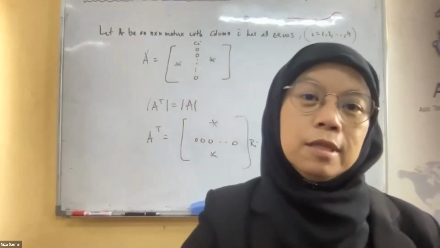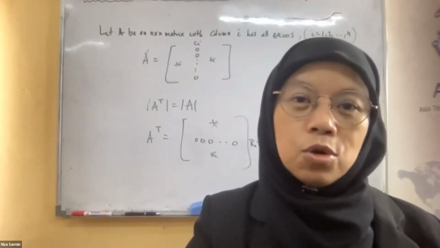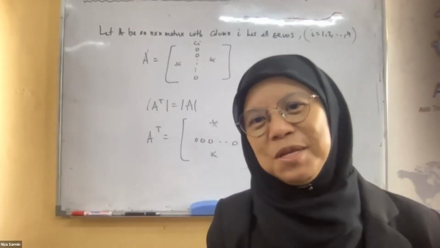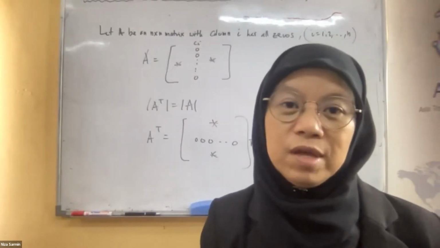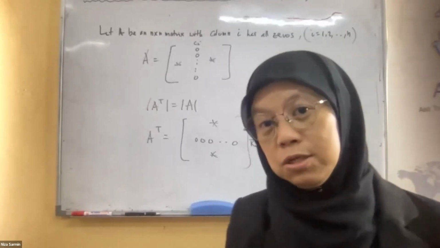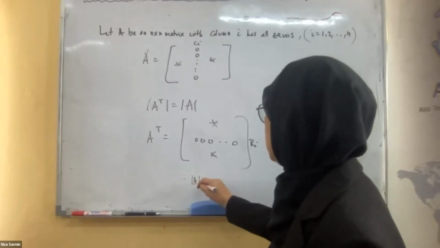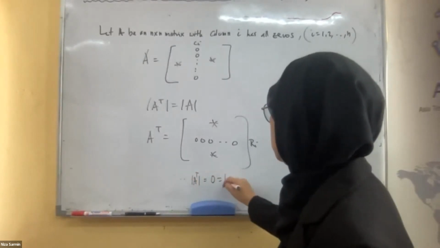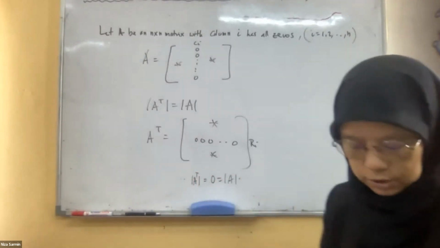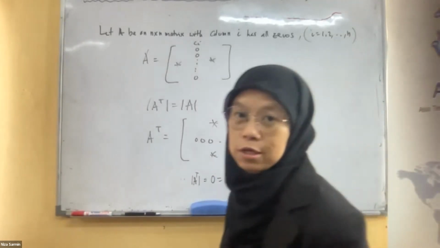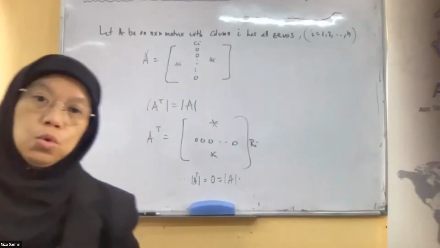Then you can do the expansion of row i, or we have a property: if there is a row of zeros, then the determinant is 0. So by the property, the determinant of this is 0, which is equal to this. So it doesn't matter whether it's a zero column or a zero row.